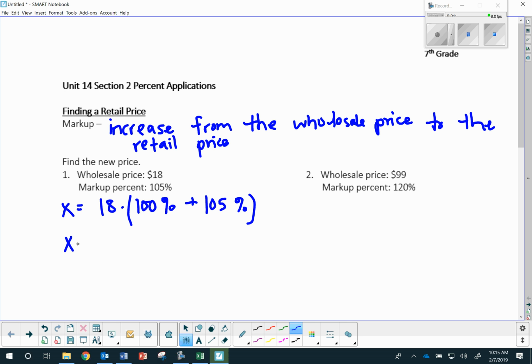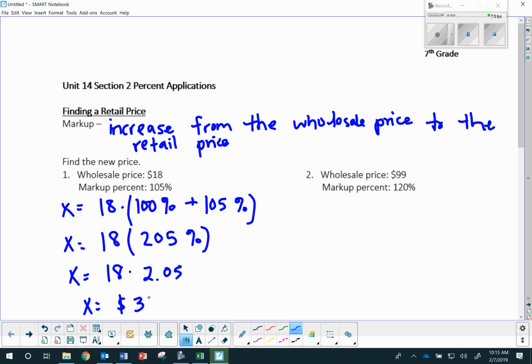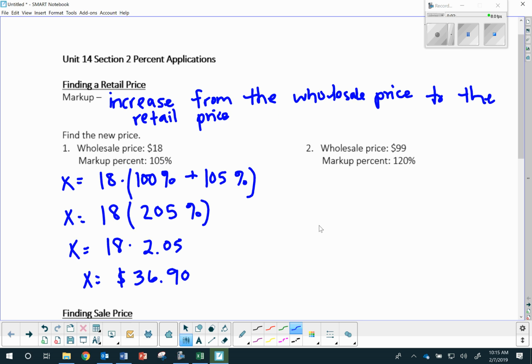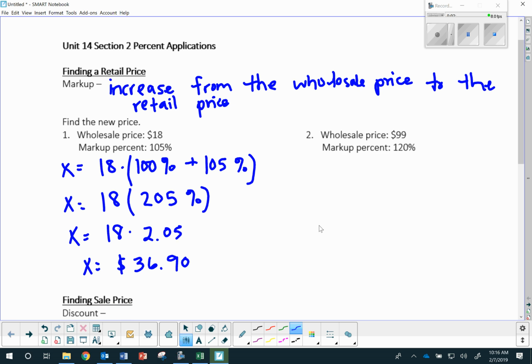So then we have 18 times 205%. When we do that as a decimal, we have 18 times 2.05. When you do that multiplication, you find that X equals $36.90. So that would be the retail price. I'm going to have you try number 2. Remember, you're keeping that original 100% and then adding the entire markup percent.